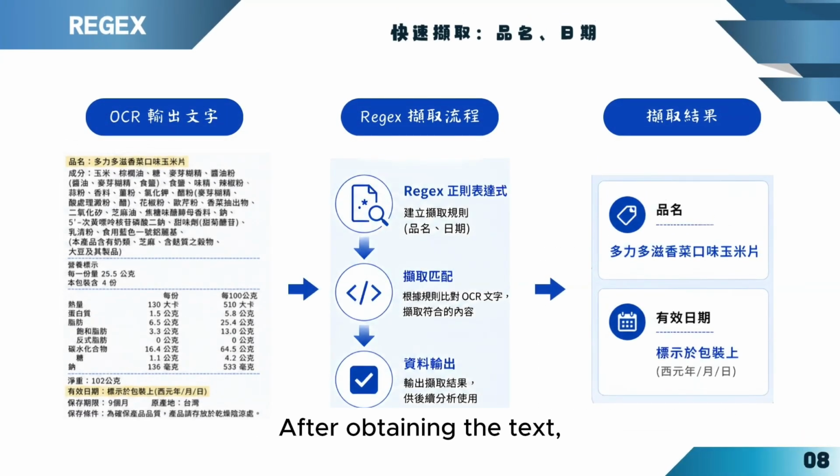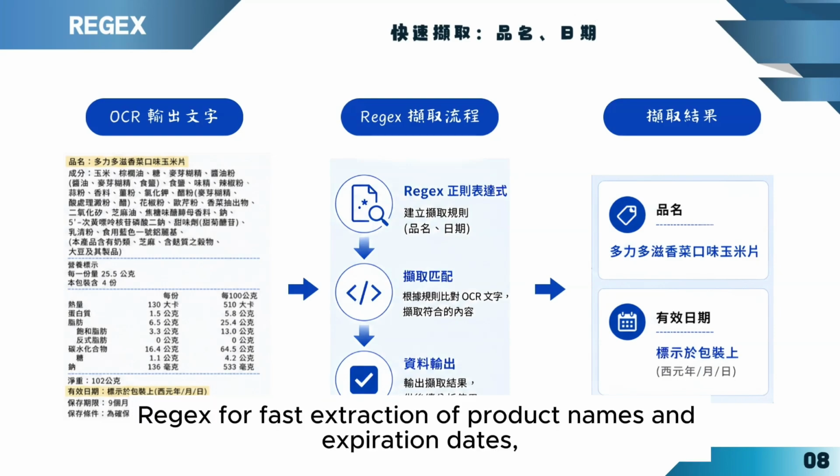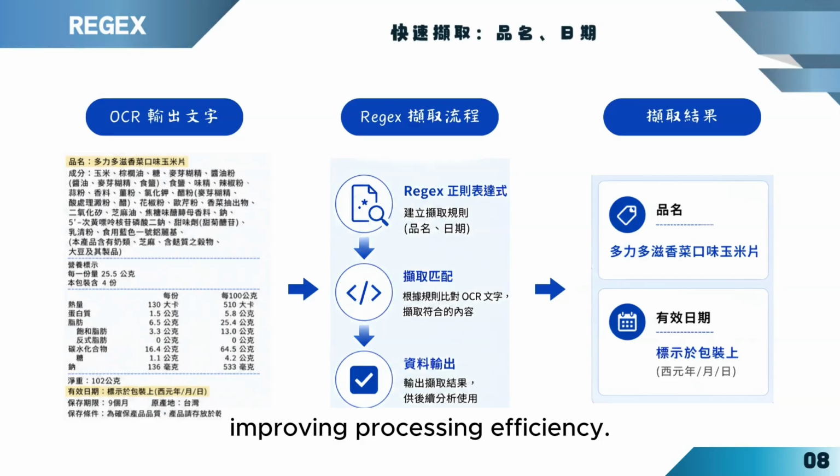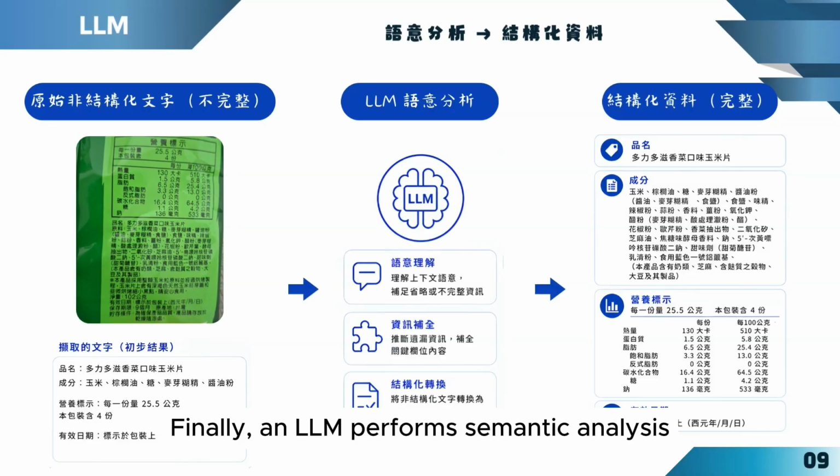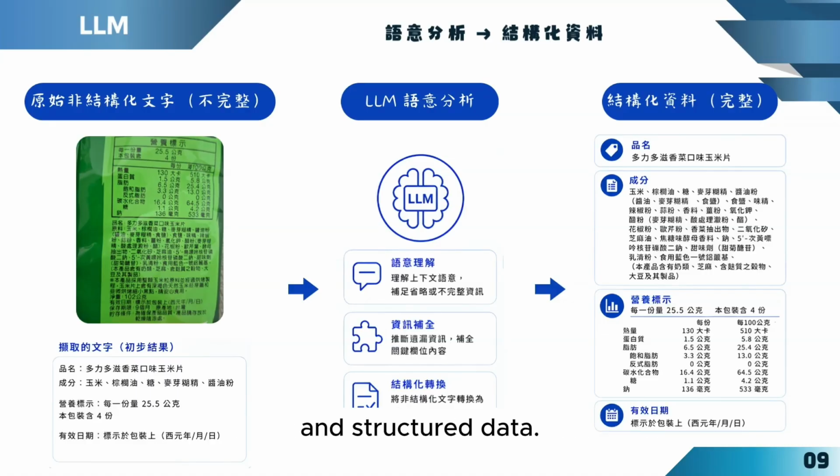After obtaining the text, we use regex for fast extraction of product names and expiration dates, improving processing efficiency. Finally, an LLM performs semantic analysis to convert fragmented text into complete and structured data.